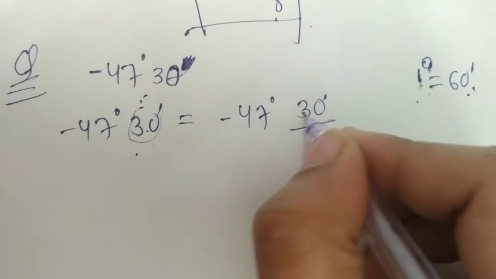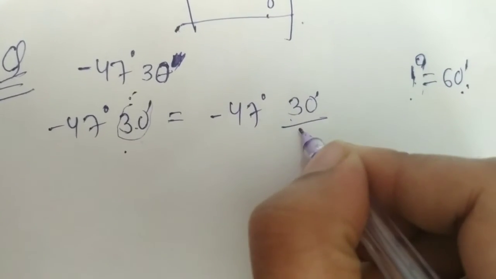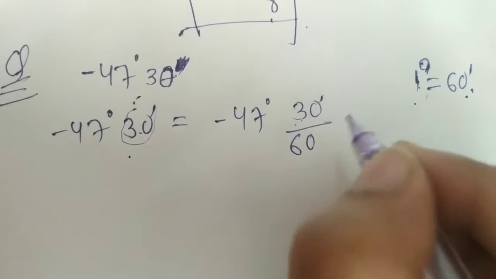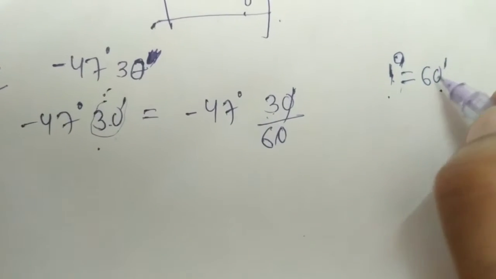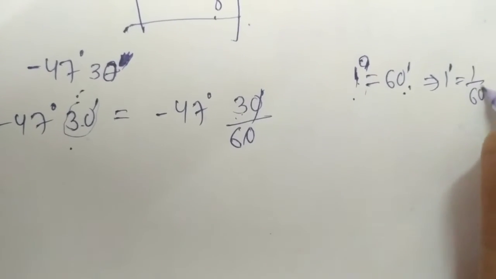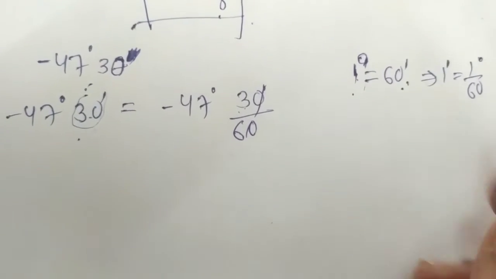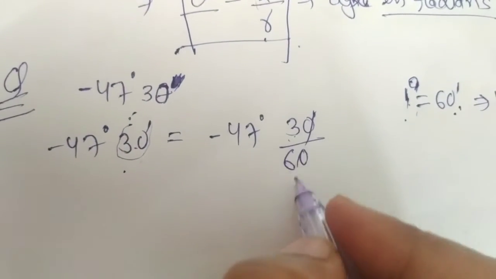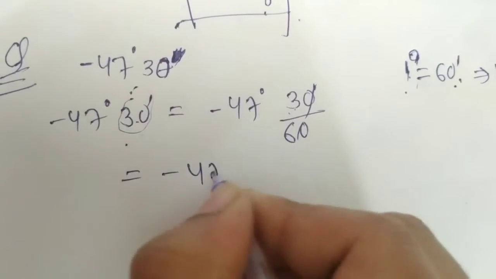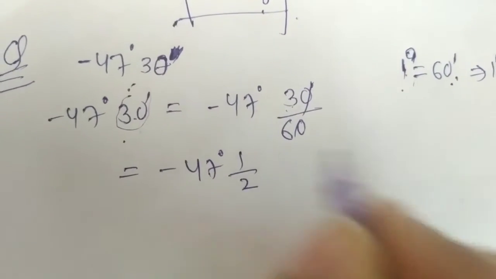So these 30 minutes will be 30 upon 60, which gives us degrees. So multiplying by 1 upon 60, we get minus 47 degrees and 1 upon 2.